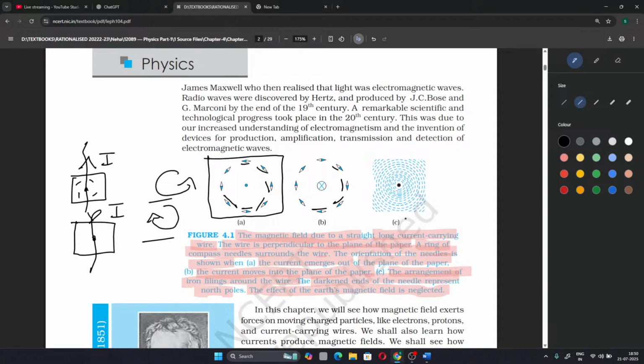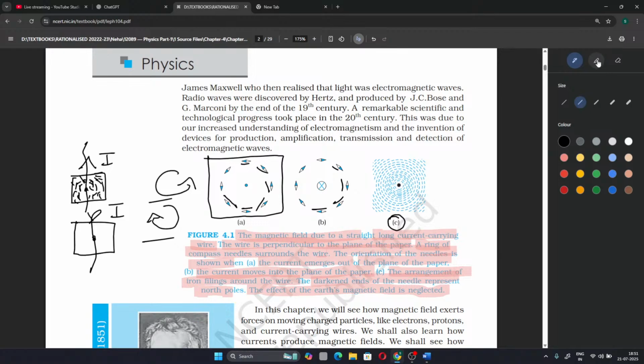And in the C diagram, instead of a compass, the current is going outward, and here they have kept numerous iron filings, and the arrangement is of concentric circles. This is how a bar magnet also arranges the iron filings. This is indicating that there is a magnetic field.